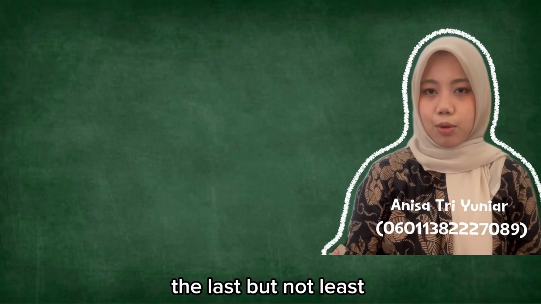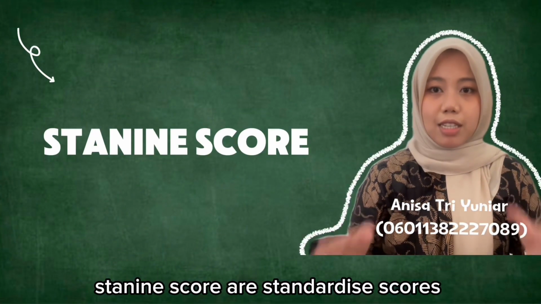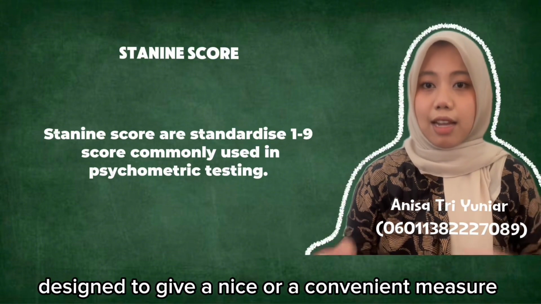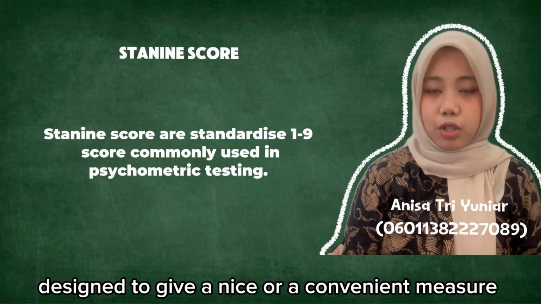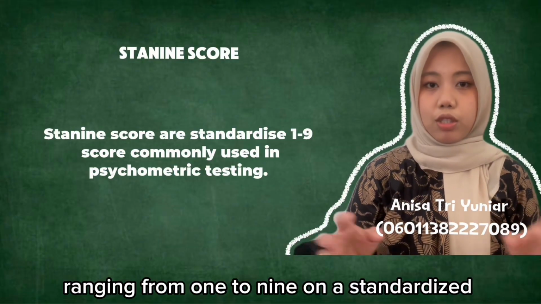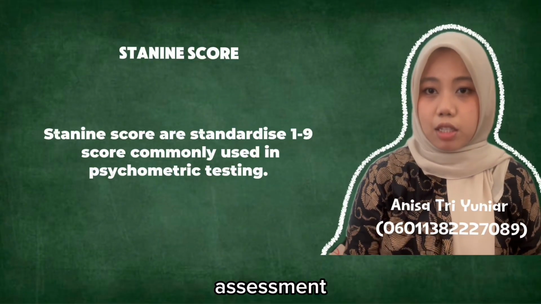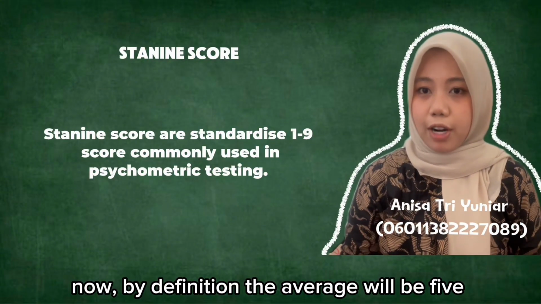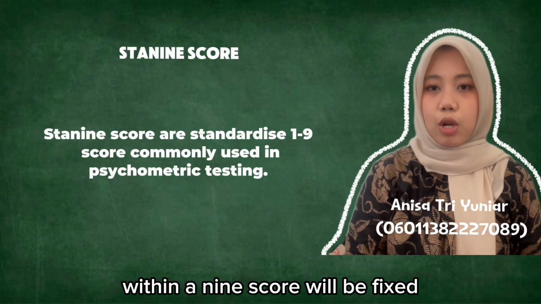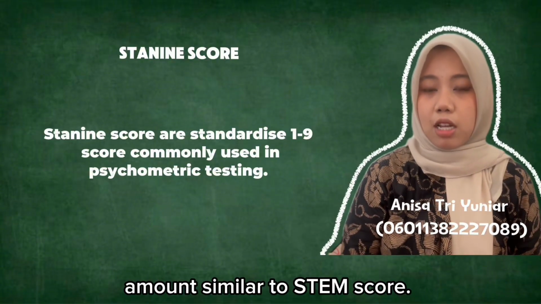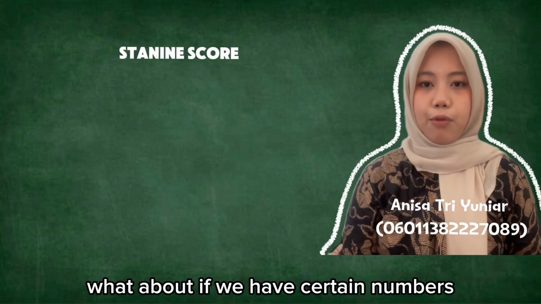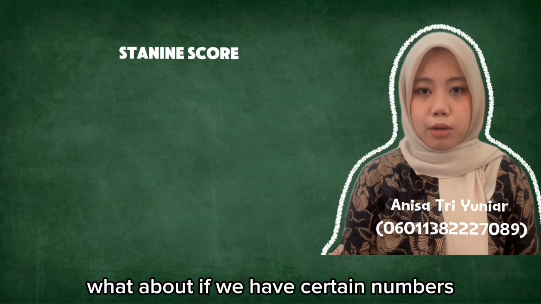Last but not least, what is a stanine score? Stanine scores are standardized scores designed to give a convenient ranking measure from 1 to 9 on a standardized assessment. By definition, the average will be 5. Within the 9 scores, the amount is fixed, similar to a STEM score. What about if we have certain numbers?